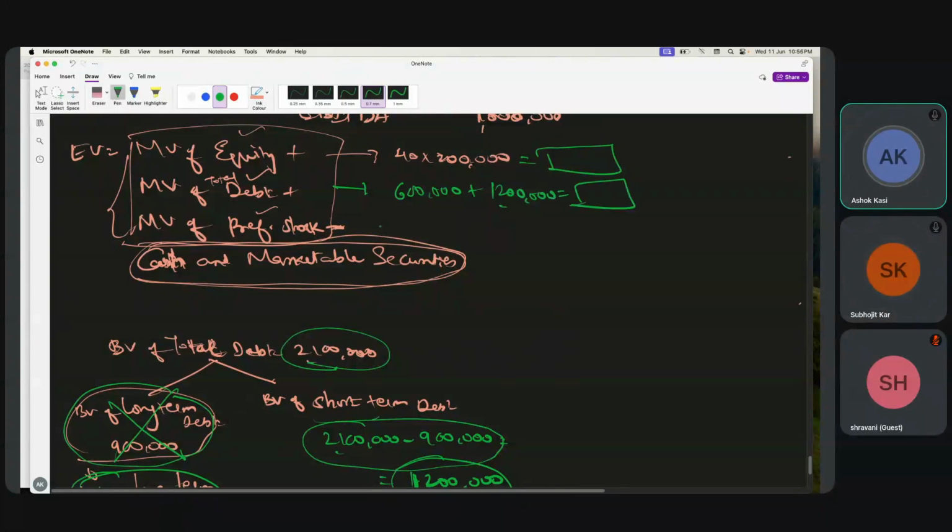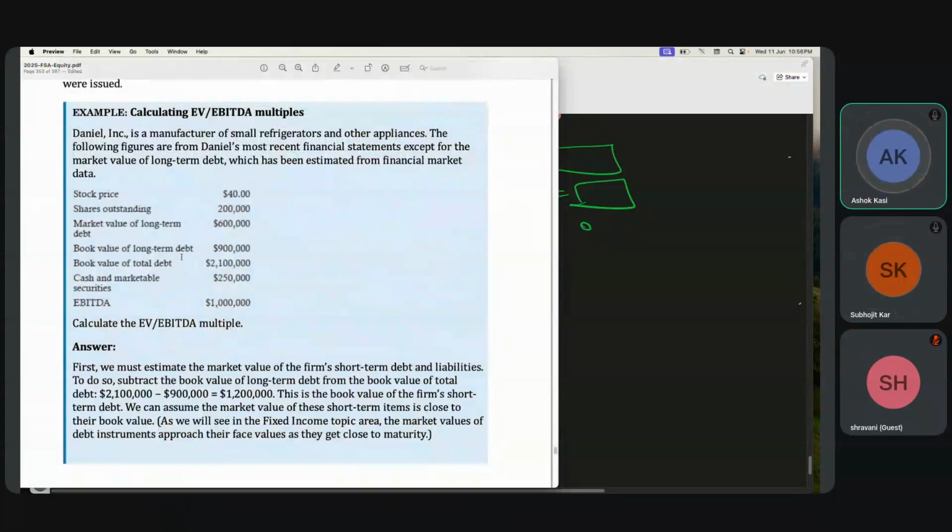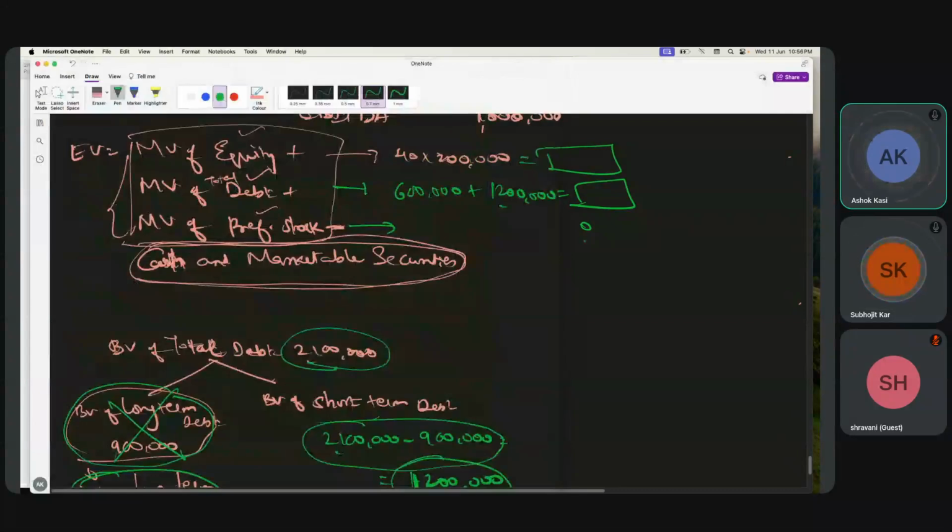Preferred stock is not there, so it is 0. Then cash and marketable securities 250, so minus 250,000. Understood? Calculate all this now.